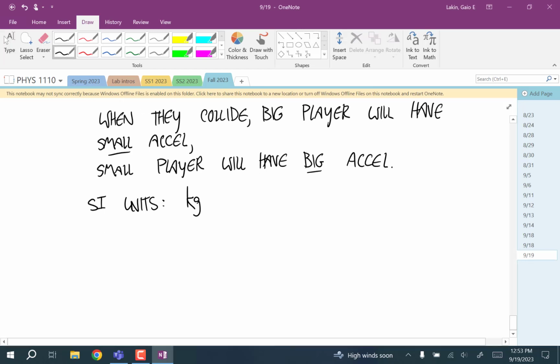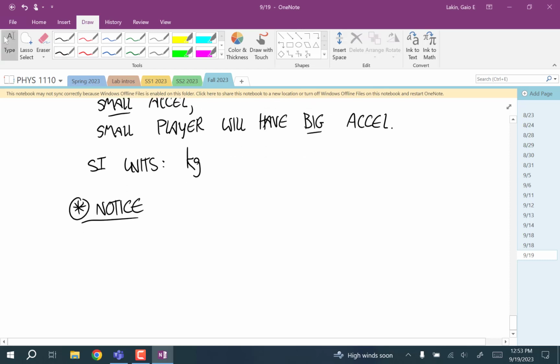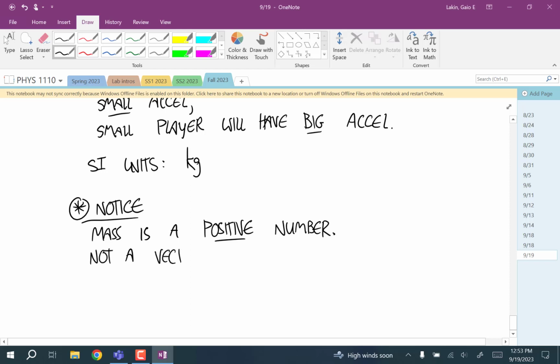One thing to notice about this is that mass is always a positive number. It's not a vector, so it doesn't have any direction.